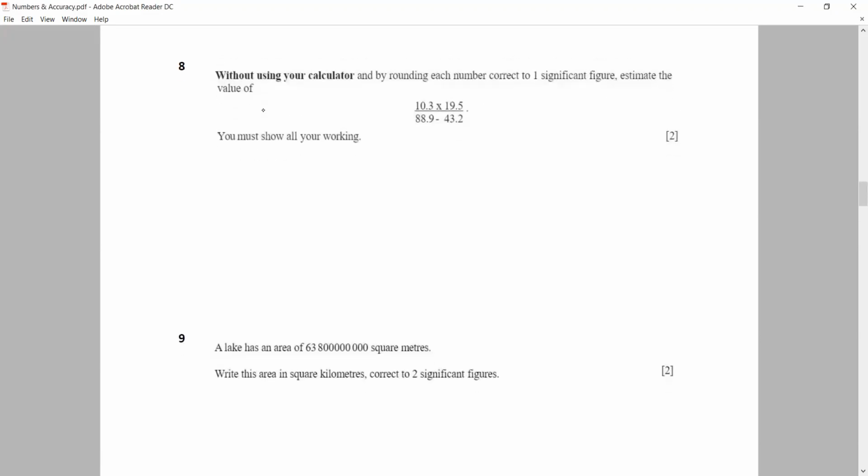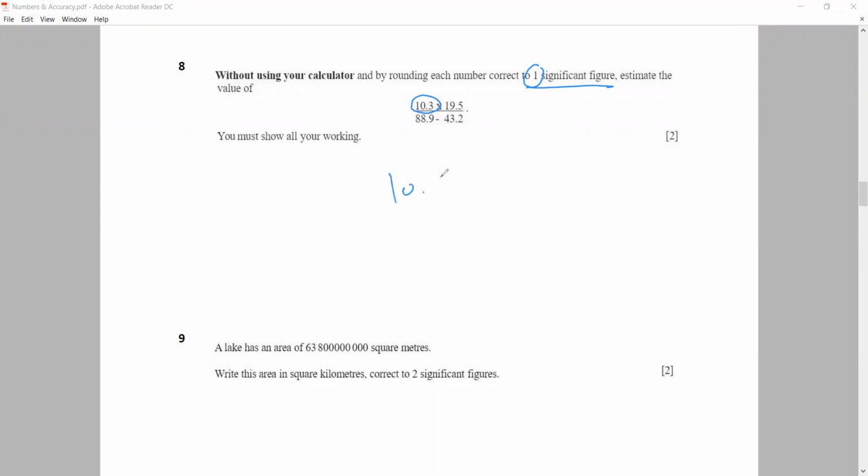Okay, without using a calculator, now this is accuracy. We have to round these numbers to one significant figure. So 10.3. If it's one significant figure, it means keep the digit that has the highest value, and just erase the rest.